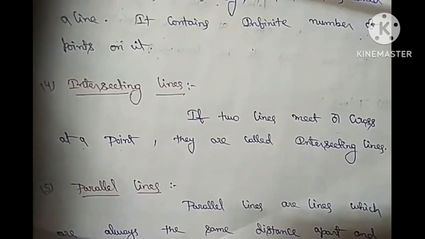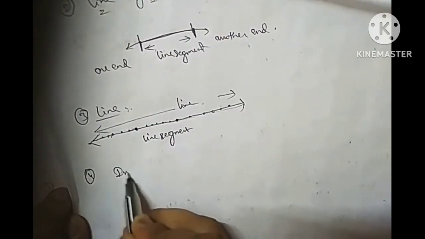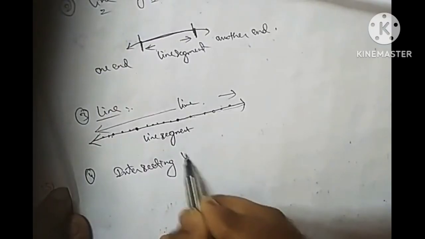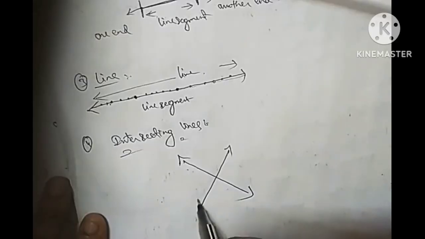In intersecting lines, see, this one will be a line, because a line doesn't have an end, that's why I'm keeping the arrows. And this one will be another line.